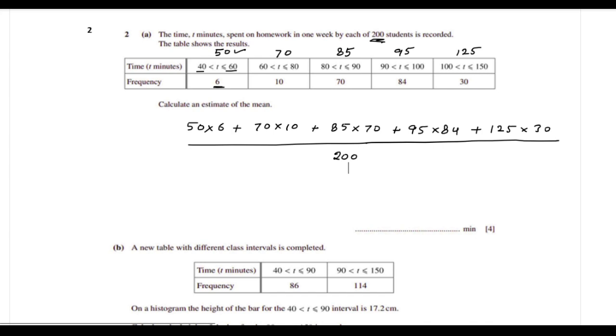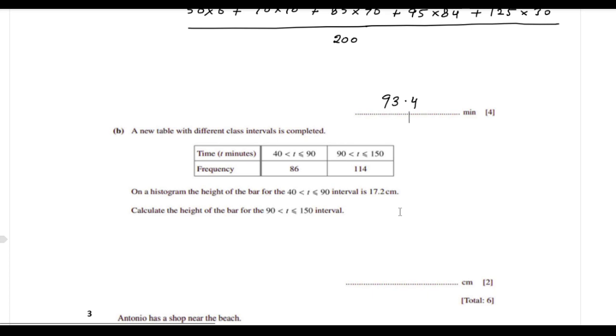So your mean must be equal to the sum of all these divided by 200. It will give you 93.4 minutes. Okay, use your calculator and you will get 93.4 minutes.